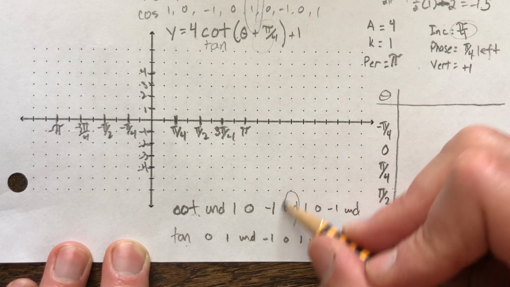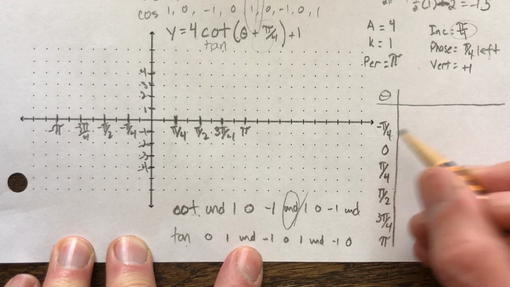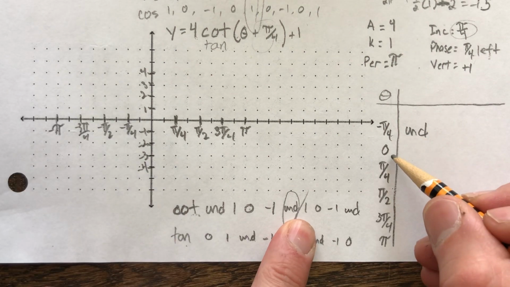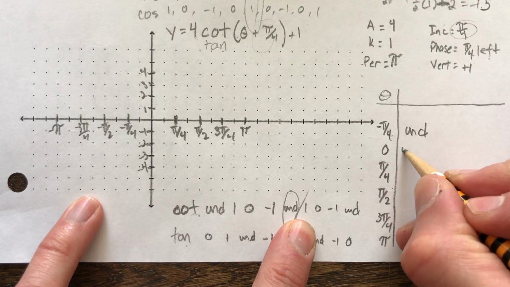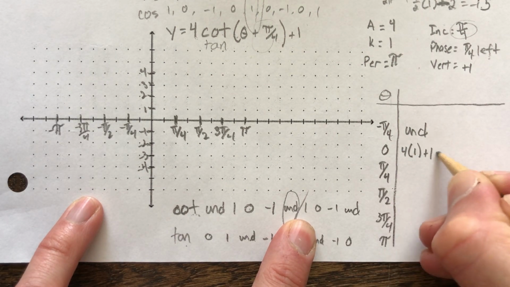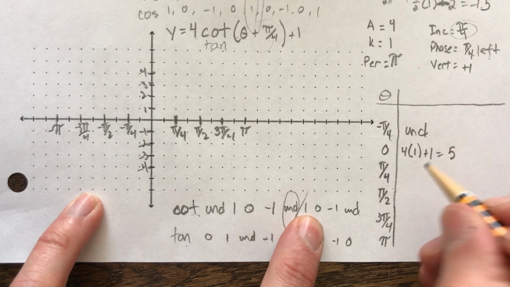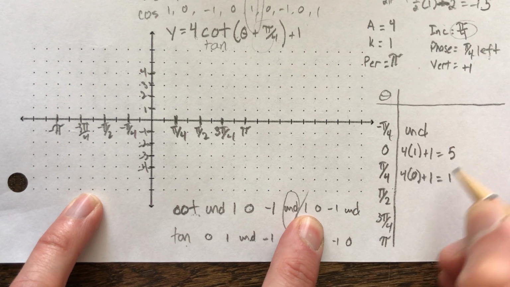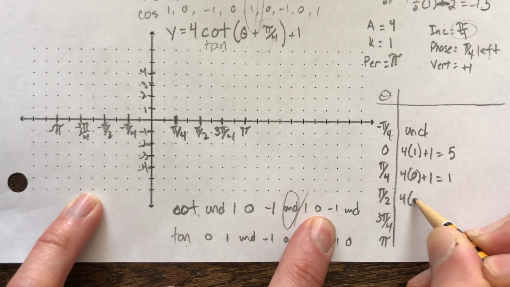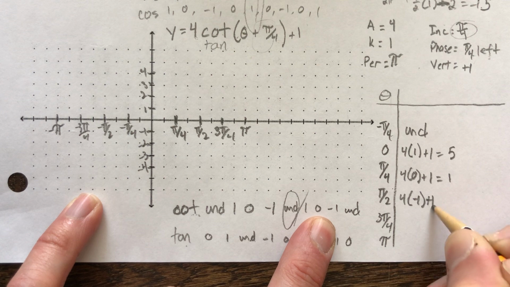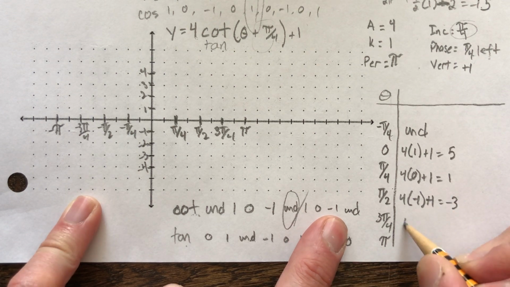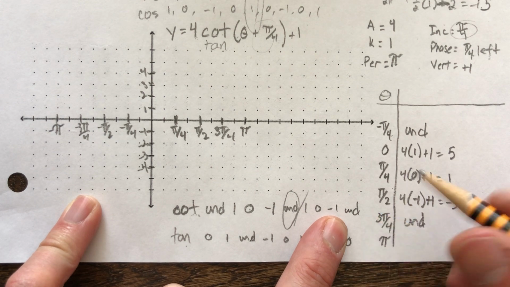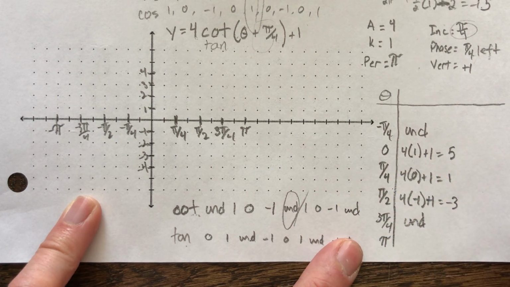And we're going to start here in the middle at undefined. So at negative pi over 4, we are undefined. Then at 0, we're going to be plugging in that 1. So it's going to be 4 times 1 plus 1 gives you 5. And then plugging in a 0. And then you're plugging in a negative 1. And then you're undefined. Okay, and then technically what will come next? A 1, right?